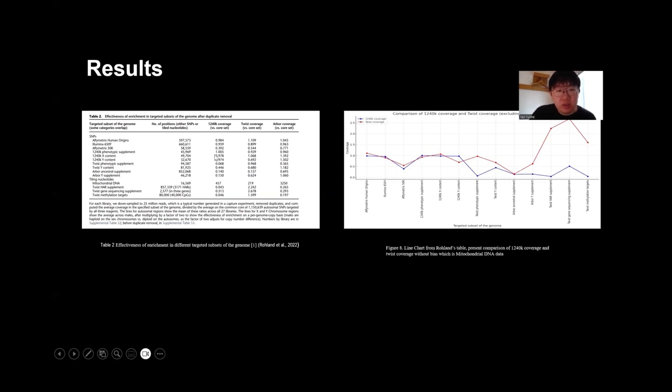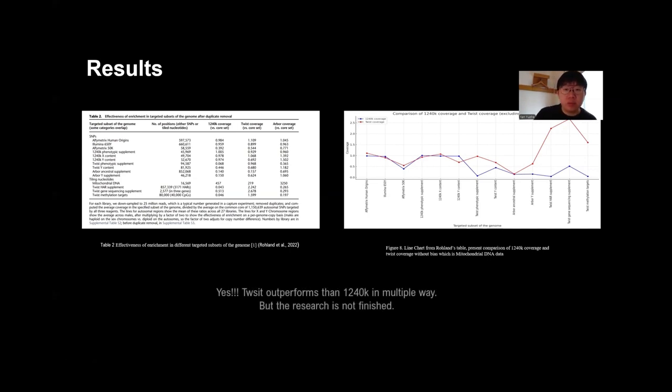If we check this area, we can see Twist still has the lead in the majority of areas, but not everything. So I made this line chart to compare which areas they perform better in. As we can see, it's pretty obvious Twist is better than 1240K, but still not in all of them.